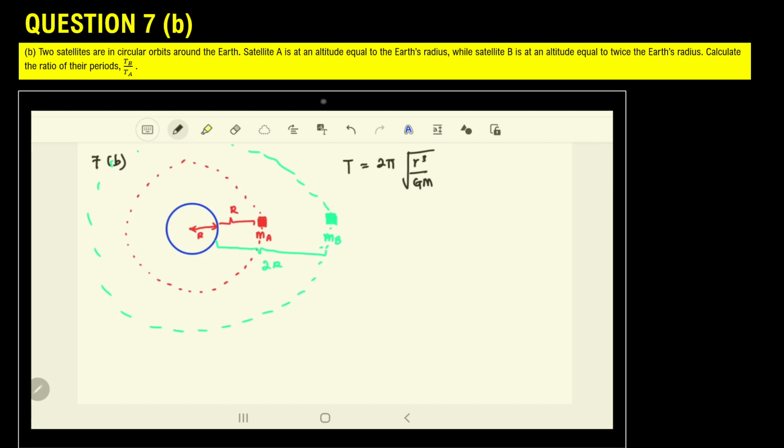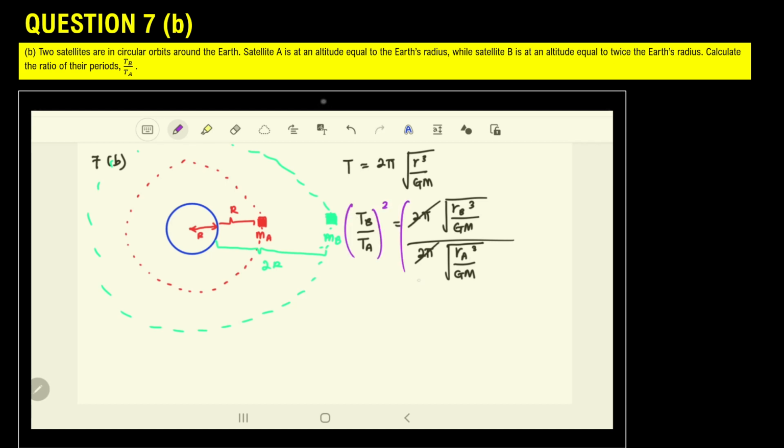We want to find TB over TA, so I would write TB over TA equals 2 pi square root of RB cubed over GM, over 2 pi square root of RA cubed over GM. We can cancel 2 pi and take the square of both sides in order to cancel the square root.